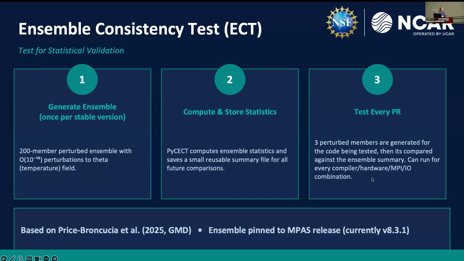So you do this and you create 200 different initial condition files from those perturbations. And then you run MPAS with each of those different initial conditions.